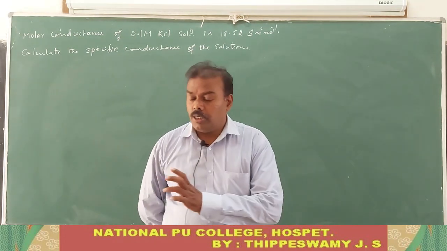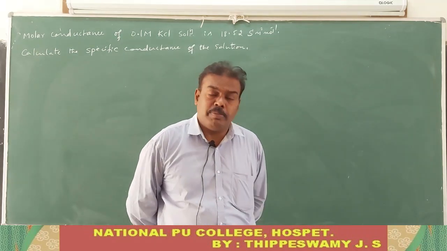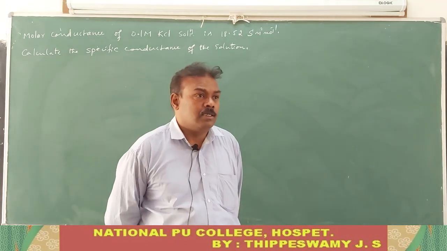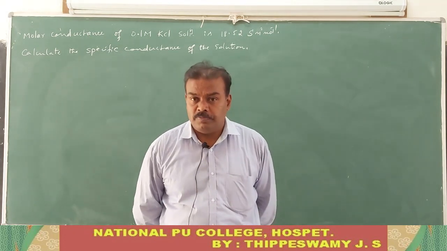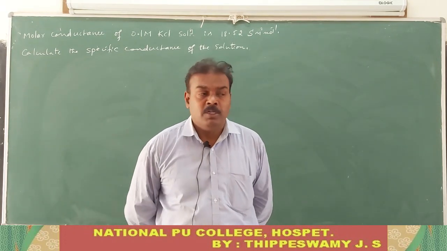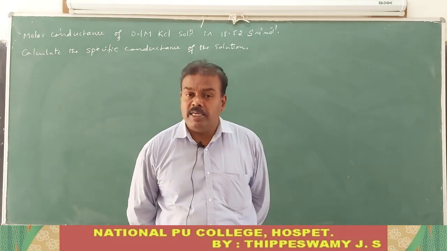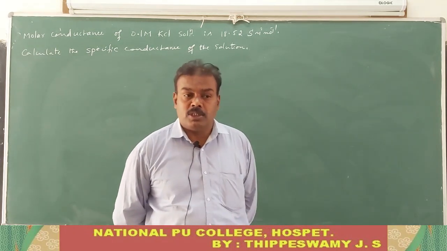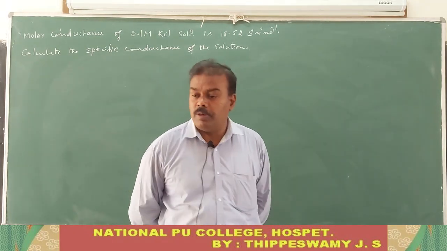And also we discussed the relation between the EMF of the cell and the equilibrium constant. Using the Nernst equation, how to find the equilibrium constant, or the standard free energy change. So these are some numericals we have solved and discussed in the previous class.